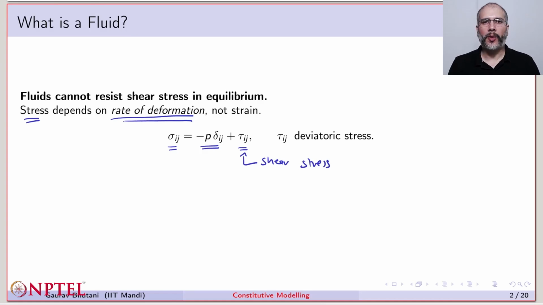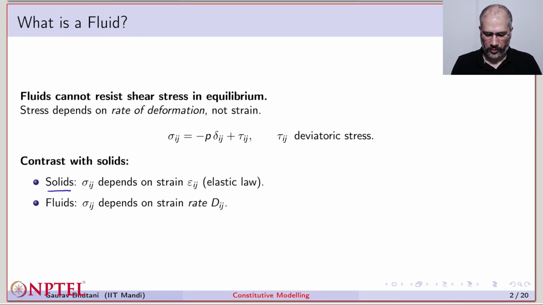So the constitutive models for fluids typically are written using shear stress, not the overall stress. Now the word shear stress is a bit misleading because technically it is the deviatoric part of the stress, and shear stress sigma s, as we've been talking about, has a different exact meaning. But in general, we call this tau ij in fluids as the shear stress tensor more commonly.